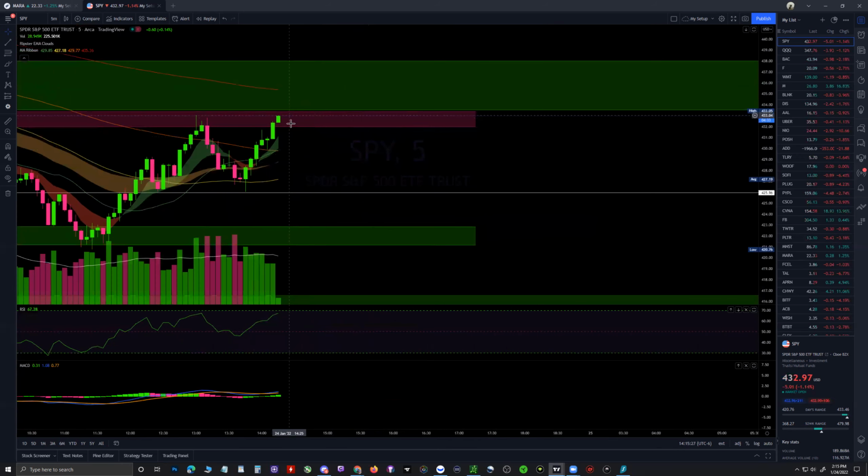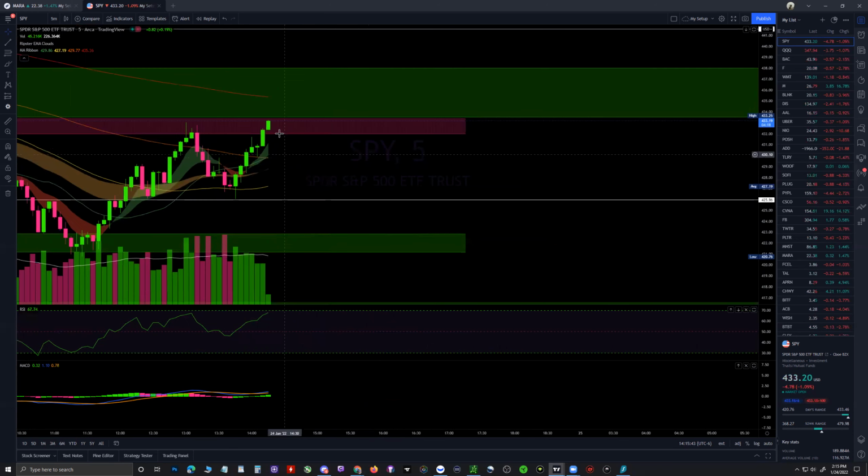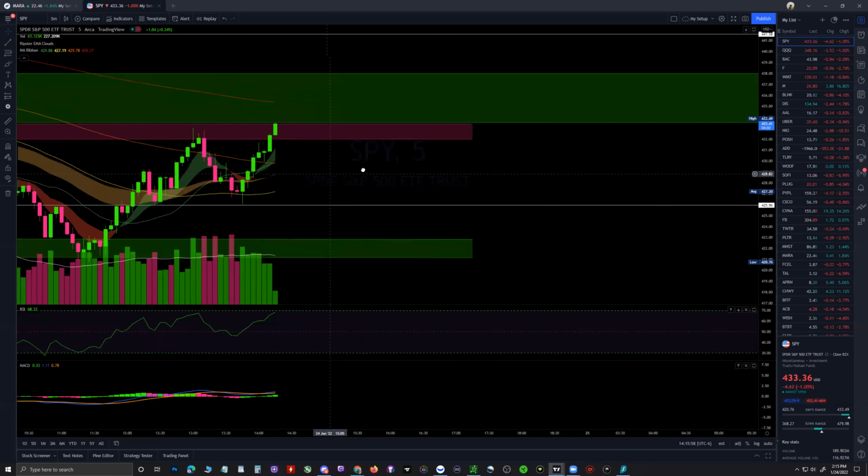Now SPY's starting to pump. So let's see what happens here. Let's see if it pushes past the demand zone. If it does, we could go bullish on SPY. It's very close. It's trying. I'll take a drink here real quick. Oh, look at it. It's going to push past.